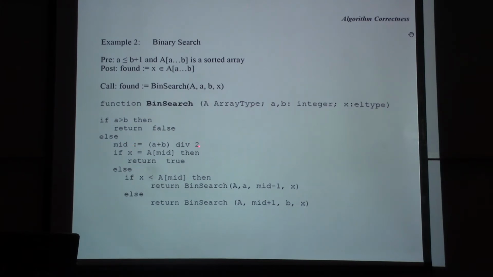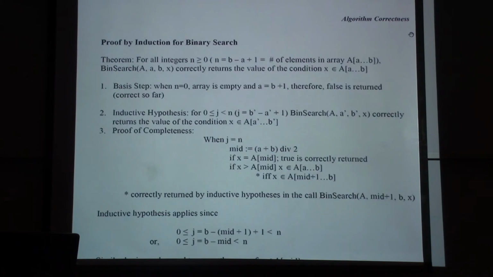So therefore, if this fifth element is not a match, and let's say this condition is true, then A will be 1, and mid minus 1 will be 4. So 1 will be A prime, and B prime will be 4. So A prime and B prime are the values of the first level recursion.